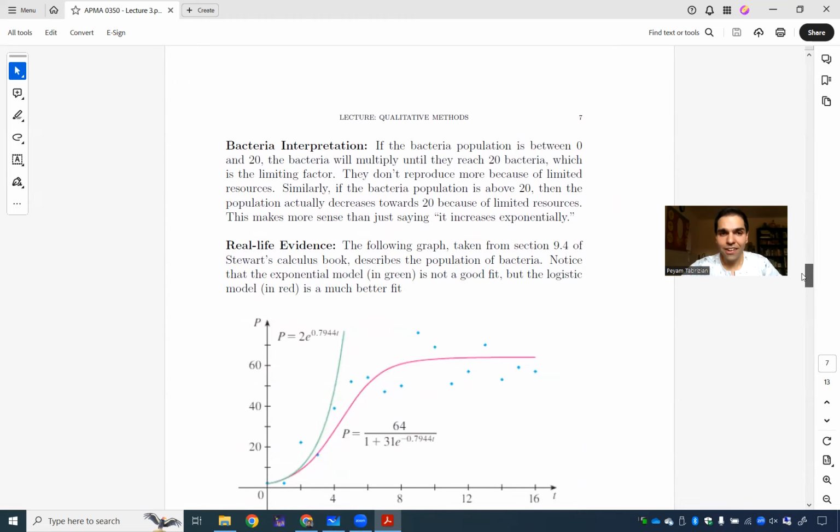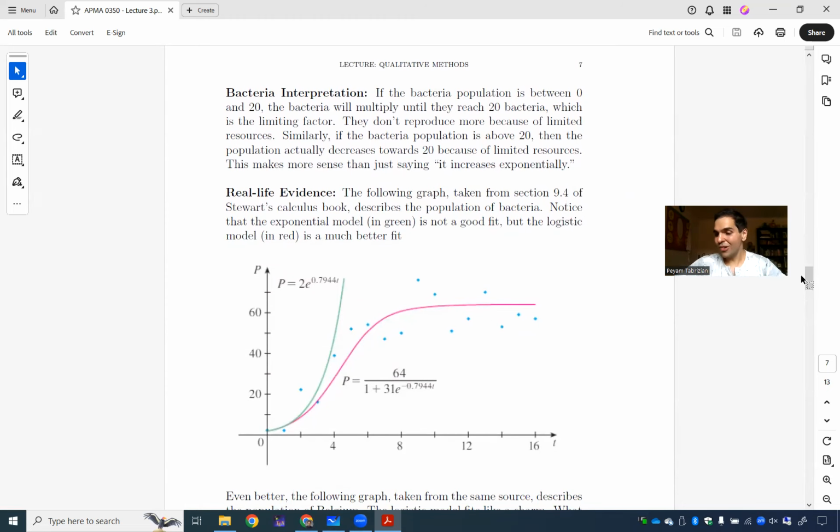And what I want to show you is this really cool thing, because, I mean, not bacteria, but population of Belgium, actually. So notice that if we just did the exponential model, we wouldn't be able to fit those dots.